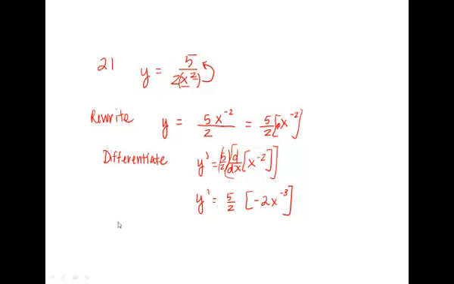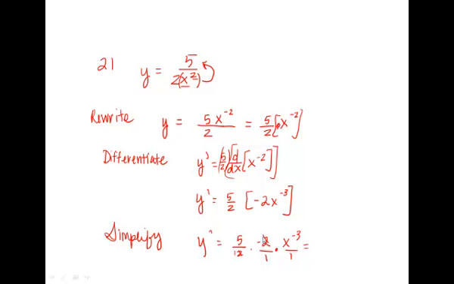Okay, so now it says to simplify. So y prime is equal to, we have 5 over 2 times negative 2. I'm going to write this as negative 2 over 1 times, and now here's the thing. They do want positive powers, so here is everything just kind of piece by piece written out as factors. I'm going to simplify this all. So these cancel each other out. 2 divided by 2 is 1.